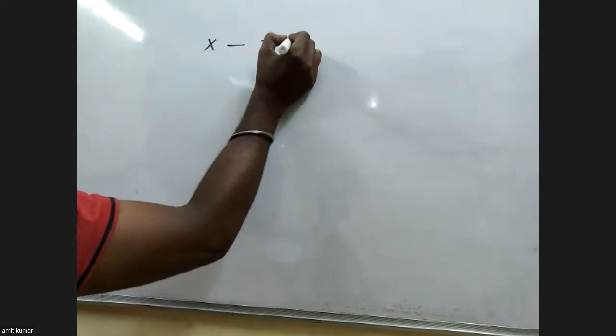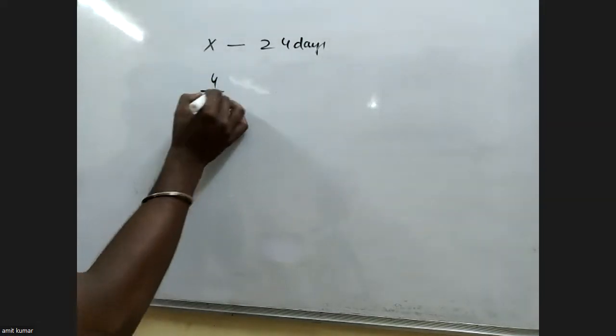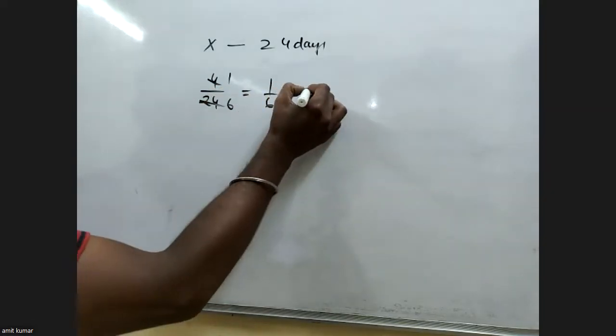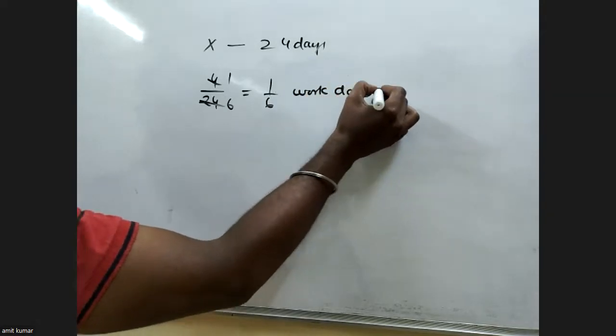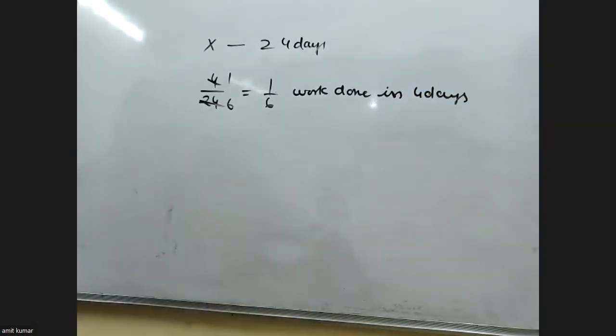When he had worked for 4 days, so within 4 days he would have completed 1 by 6 work. Then Y joins him, X plus Y can do the work, if complete work was finished in 16 days.